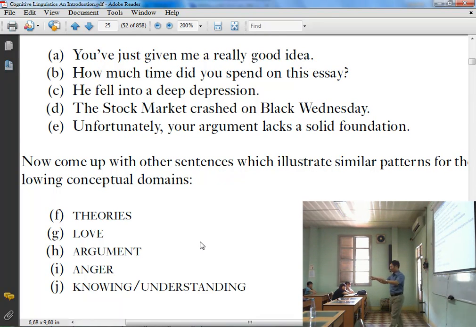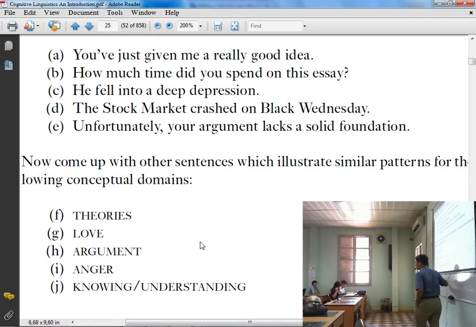Now, let's get into groups of threes or in pairs, and do this exercise for me. Let's start. 5 minutes. Try to work together. In part A, I need you to find out the domains that are related to.